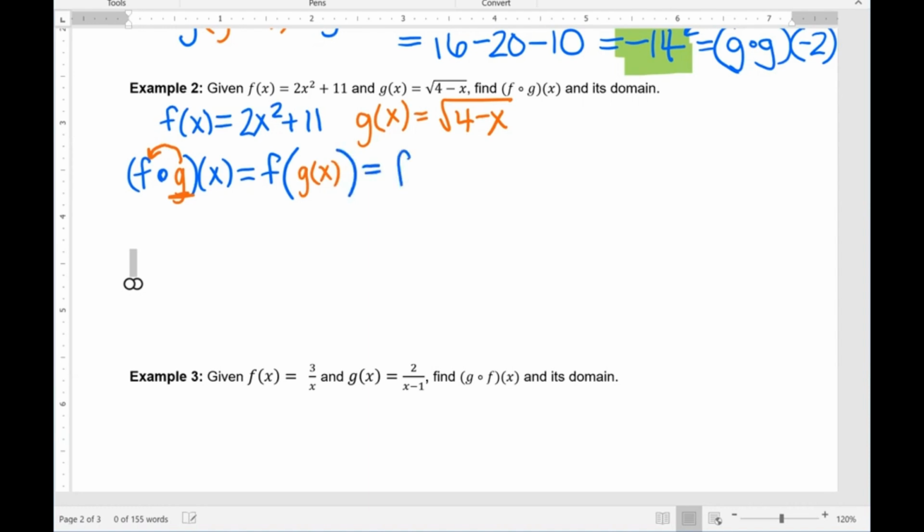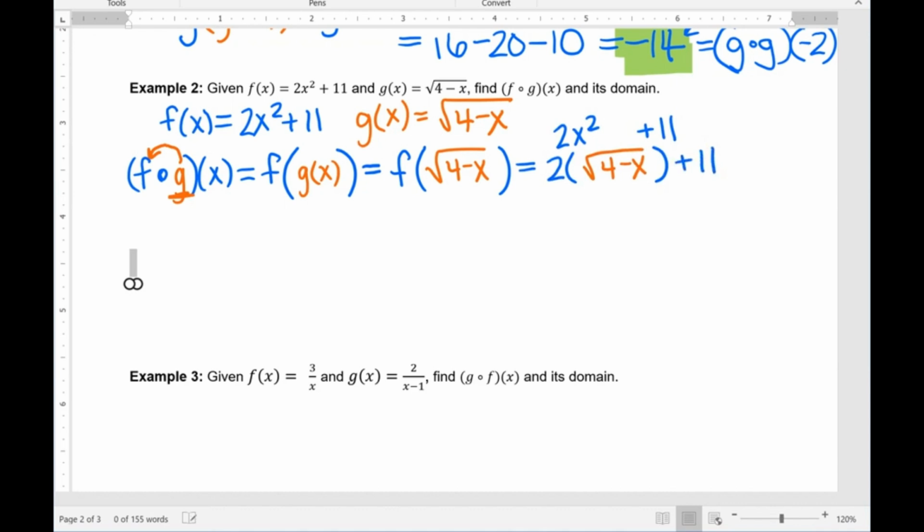But remember that g of x is equal to the square root of 4 minus x, which means in my original function, when I had 2x squared plus 11, instead of x squared, I'm going to put in my square root of 4 minus x and include my plus 11.